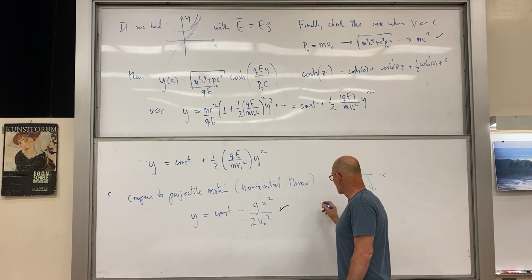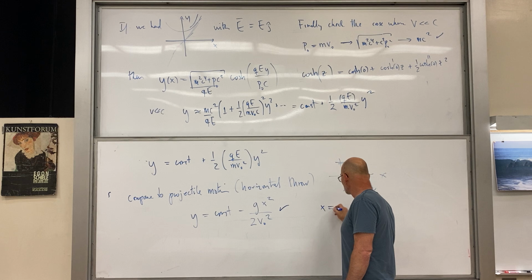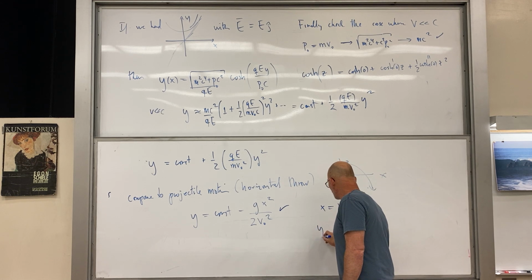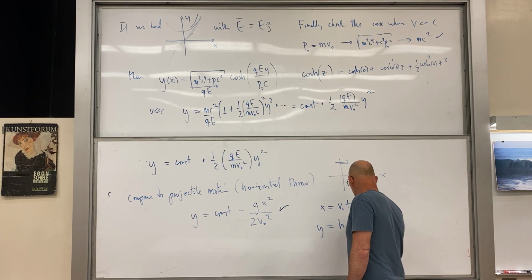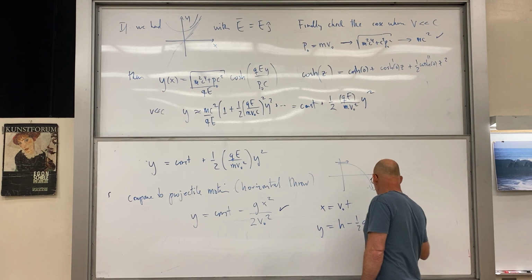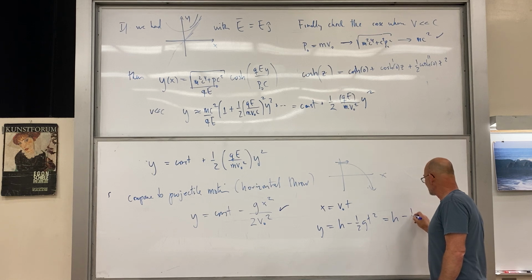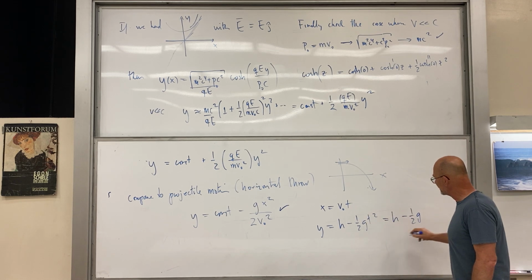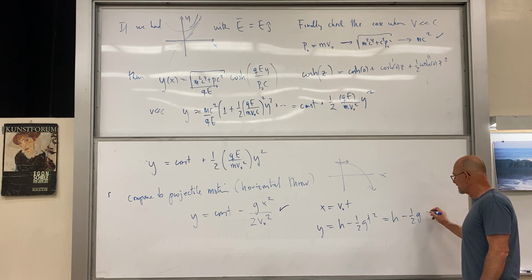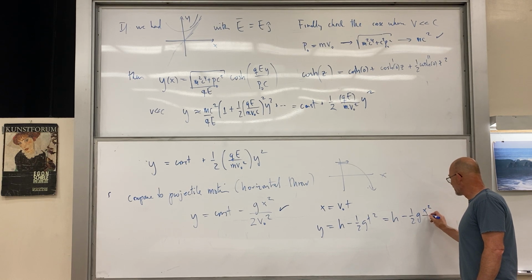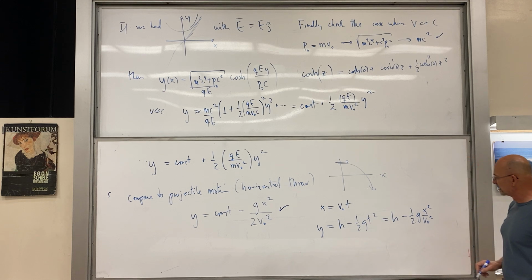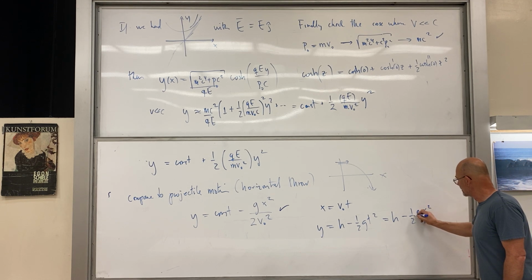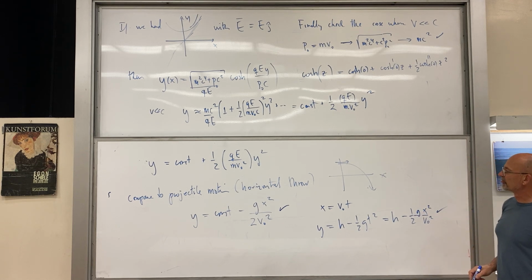And just to remind you, if x equals v0 t and y equals h minus 1/2 g t squared, then t squared is x squared over v0 squared, g is in the numerator, and that works out. Okay, good.